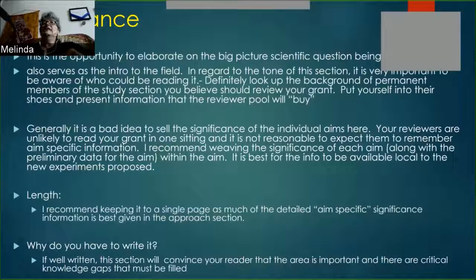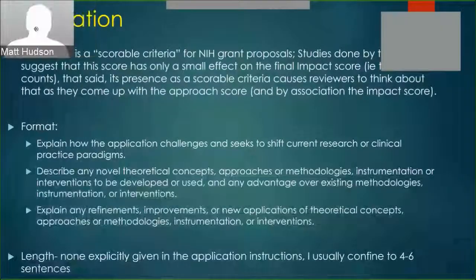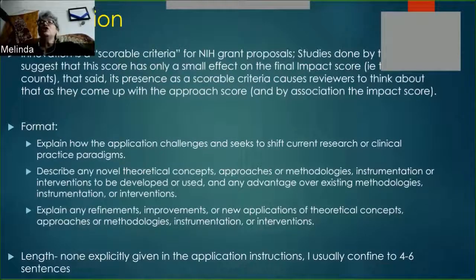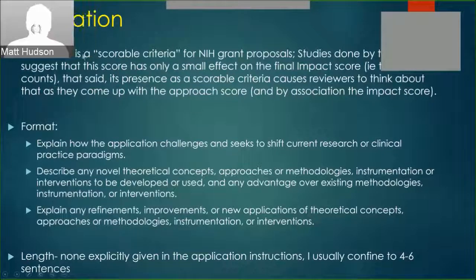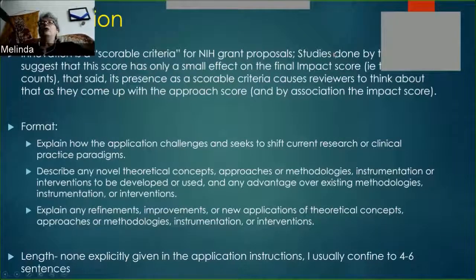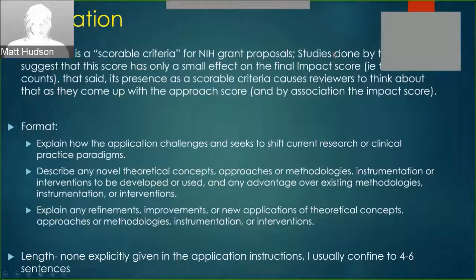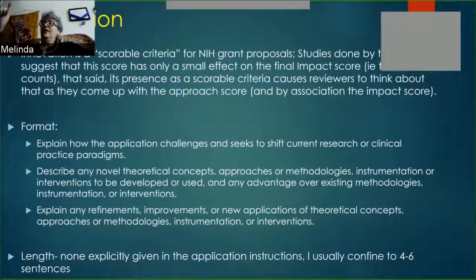Okay, so the next section is the innovation section. Now, the innovation section is actually really important for you to write well and to really be able to put your finger on it. The reason is that innovation is a scorable criteria for NIH grant proposals. NIH has done some studies about the correlation between the various criteria scores and the overall impact score.